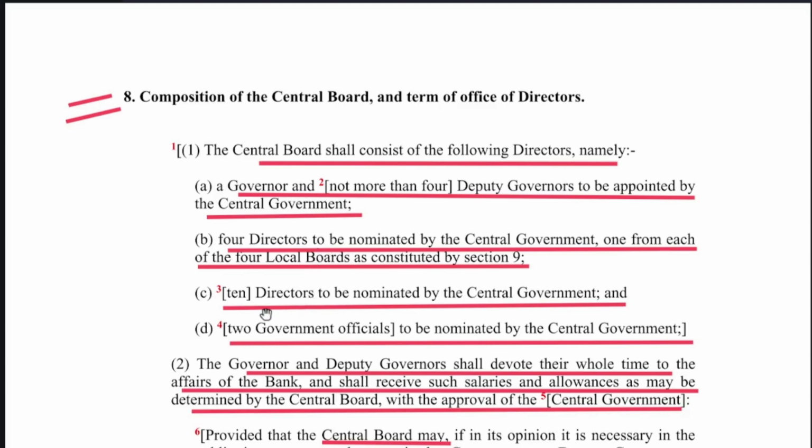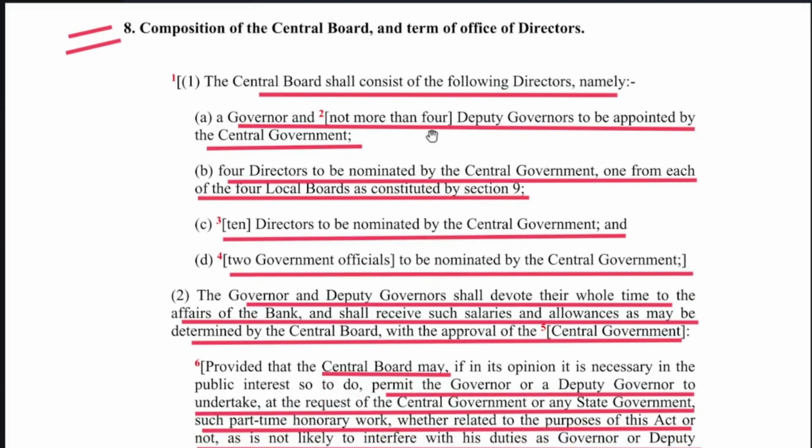Apart from this, 10 directors are nominated by the central government, and 2 government officials, who are again to be nominated by the central government. So this is the composition of what is called a central board of directors. One governor and 4 deputy governors, meaning there are 5 in total.